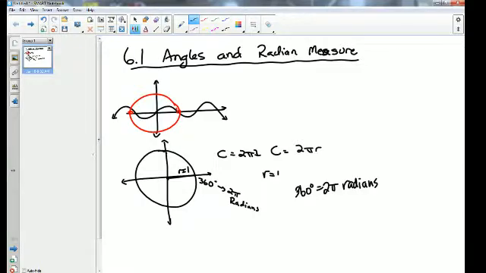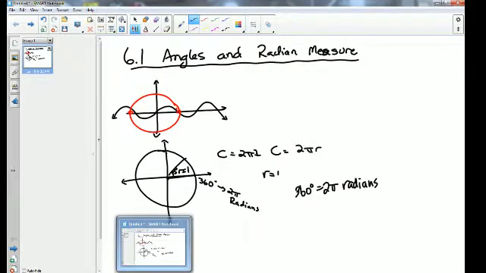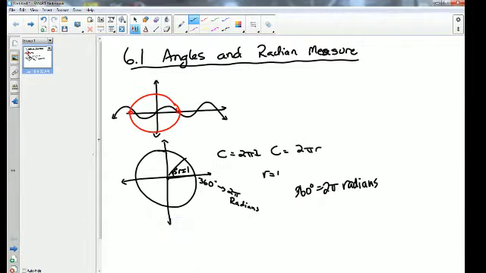If you have a unit circle at 45 degrees, what's the equivalent measurement in radians? How many radians is 45 degrees? So we have 45 degrees equals so many radians. There's a conversion formula.